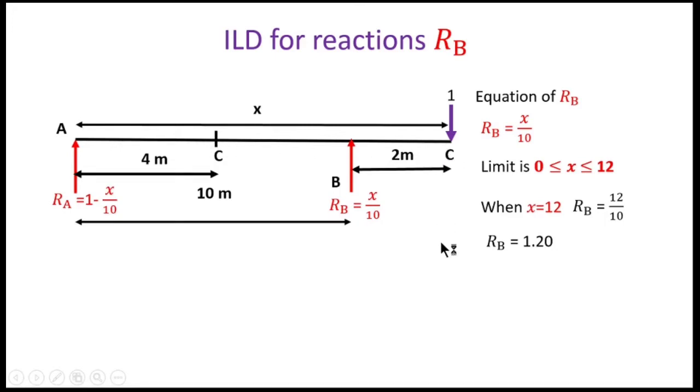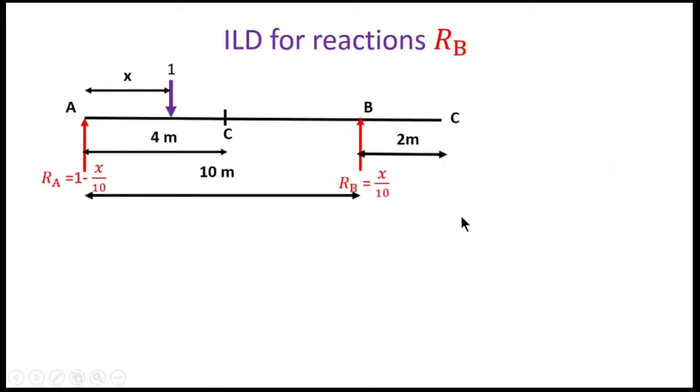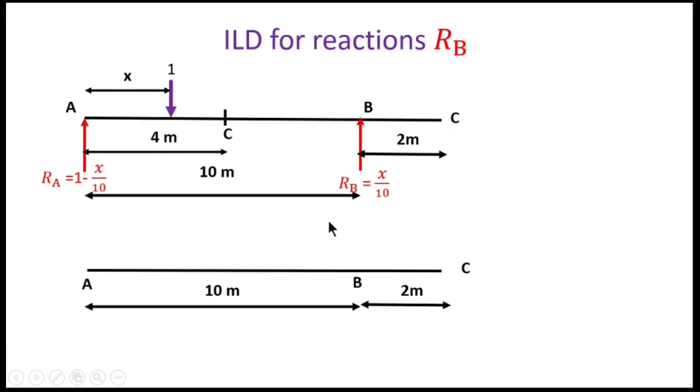Now we plot the ILD for reaction Rb. So draw a straight line equal to the length of the beam. Now when x equal to 0, Rb is equal to 0, means at location A it is 0. When x equal to 10, at location B, Rb is equal to 1.